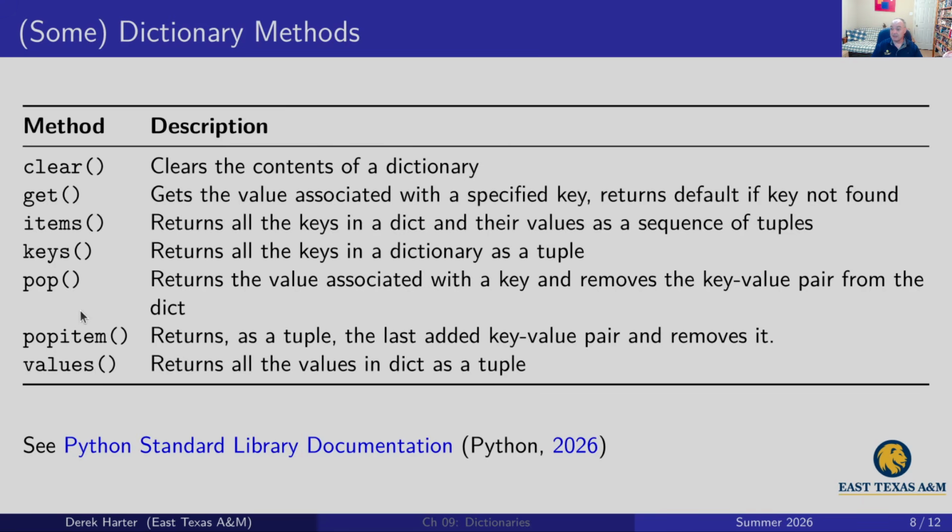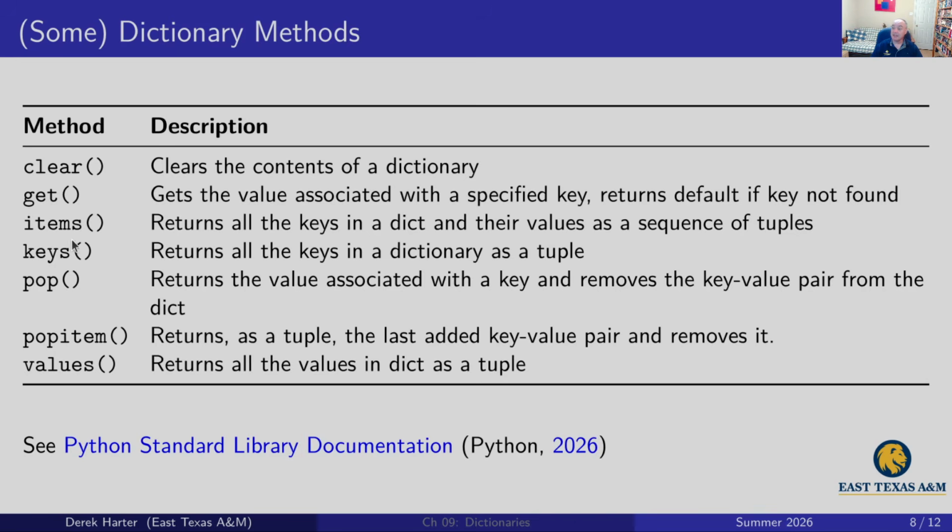So these are some of the ones. I'll just look at a few of these real quickly. So you can clear out the contents of a dictionary. Instead of getting it using the square brackets, you can get the value associated with the key. This does something slightly different. So this can be useful if you're not certain if the key is in there, in that it will return a default value if the key is not found.